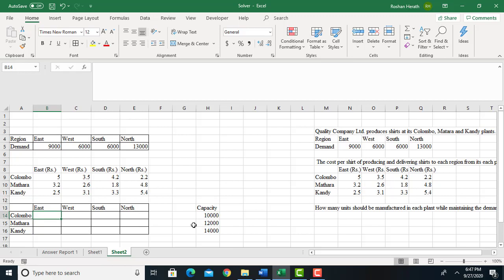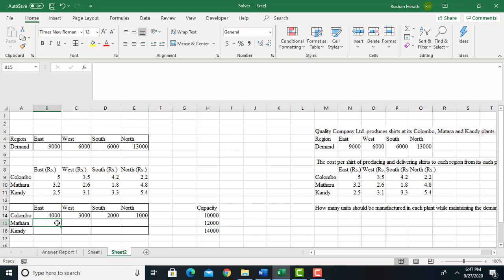Say from Colombo to east, you want to deliver 4,000. From Colombo to west, another 3,000. South 2,000. You need not worry about the capacity even. You may simply work things out. Just put some numbers as you wish.